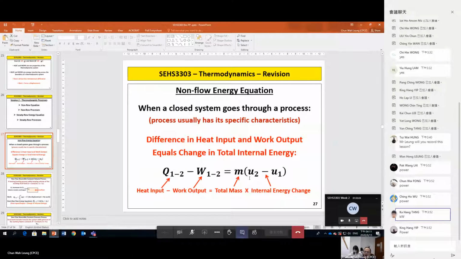So if we can measure T1 and T2, can we measure temperature? Yes, we can. Then this side is solved, right?